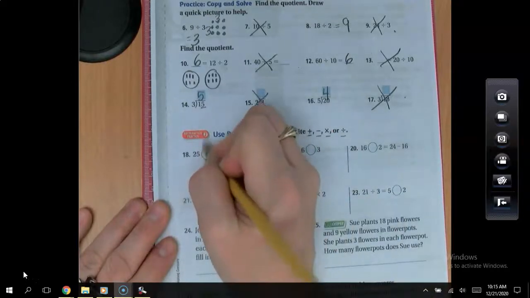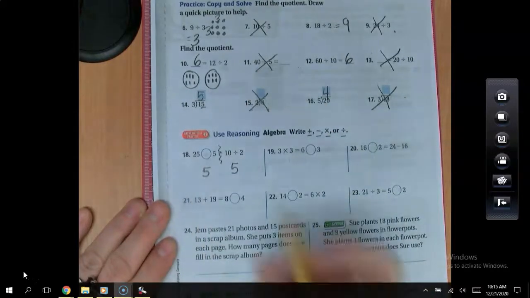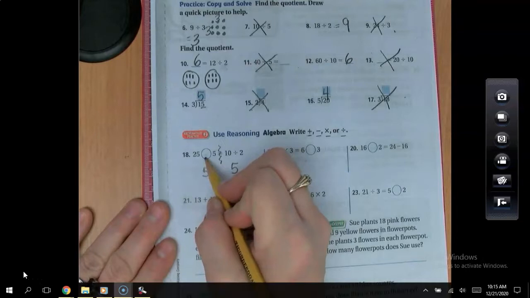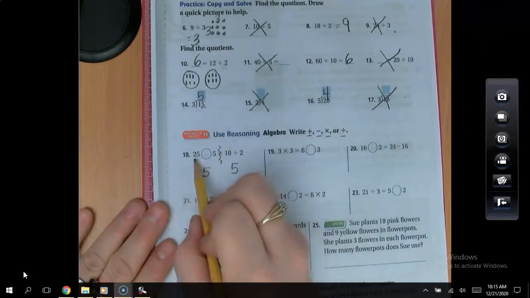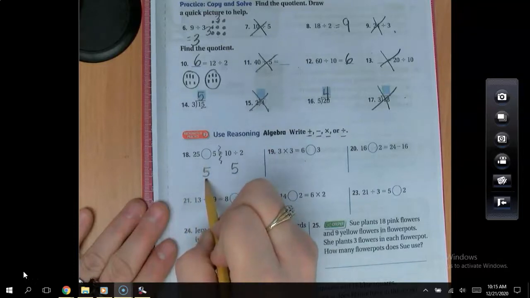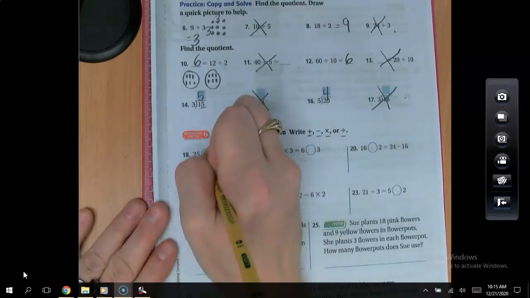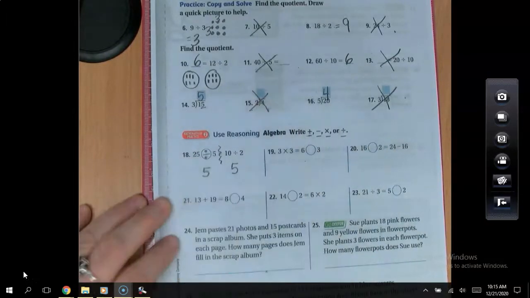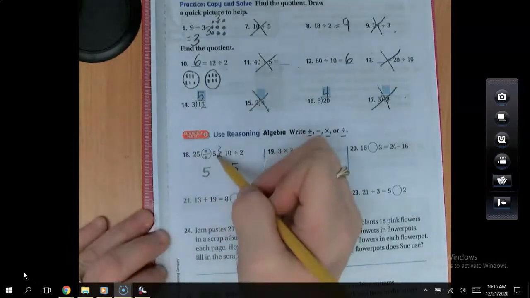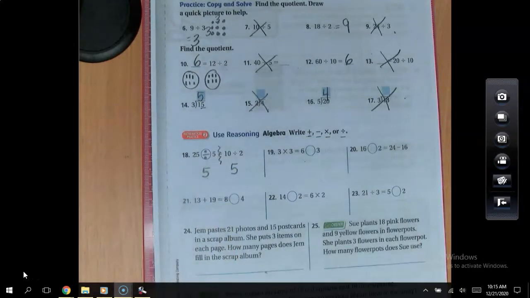Nope, not correct. All right, multiplication. Boys and girls, when I multiply, my numbers get bigger. I can't go bigger. I need to get smaller. So what am I going to put in the middle of the circle? Division. Yes, I am dividing. 25 divided by 5 equals 5.